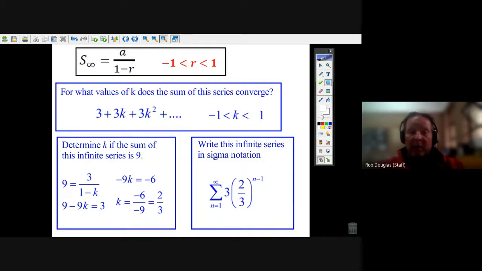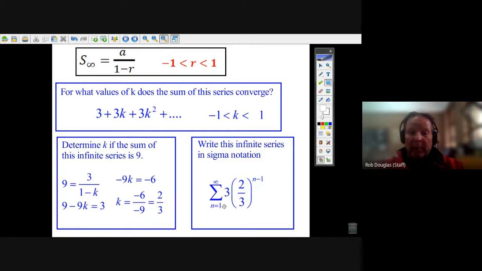And then I think it's worth to know the sigma notation. Write this infinite series in sigma notation. So we're multiplying by k. So you just put your k, the thing you're multiplying by, there. And you always write n minus 1 and then n equals 1 there. So the first term, if I put 1 minus 1, it makes 0. So I just get the 3.